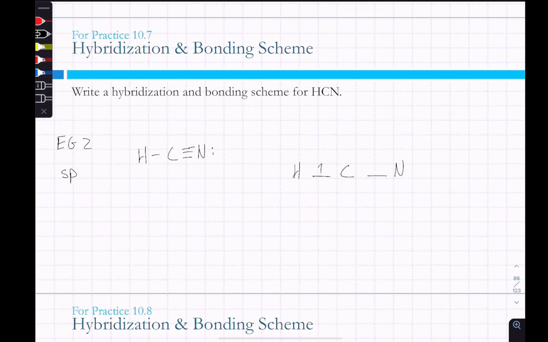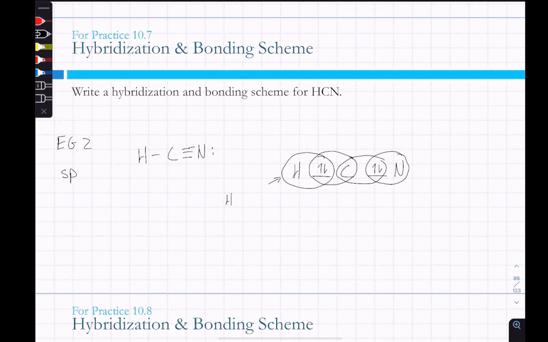So these are going to be our sigma bonds directly in between. So those are the orbitals overlapping with the electrons inside. And this one is going to be, actually, I should ask, what is that one going to be?